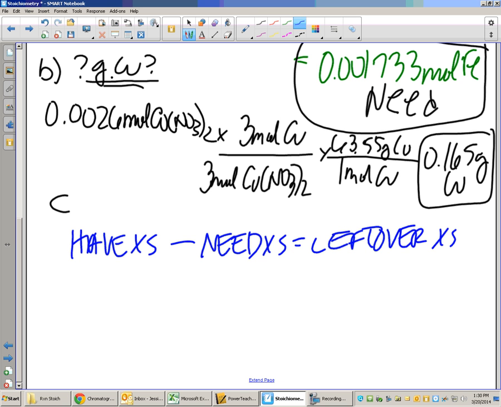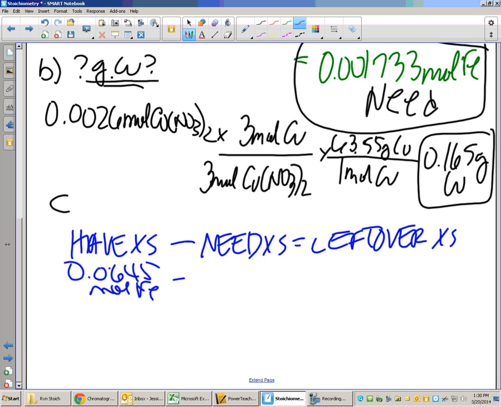of your excess reactant. Because if you have a lot and you only use a little bit, you're going to have leftover, right? So how much do I have of my iron in moles? 0.645 moles of iron. How much do I need of that? 0.0017. Right.